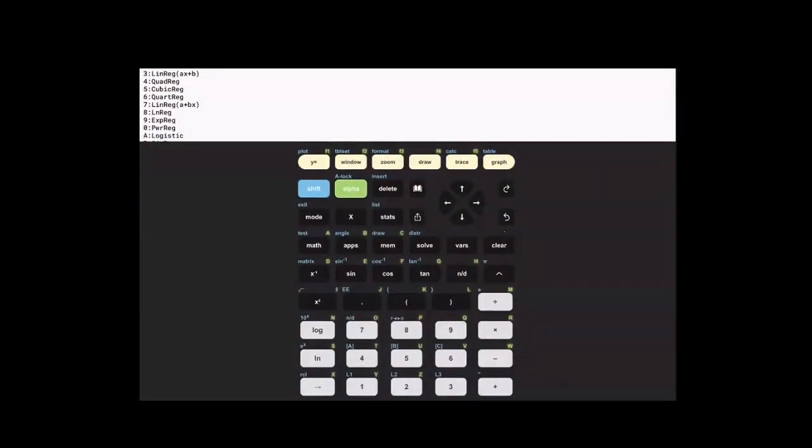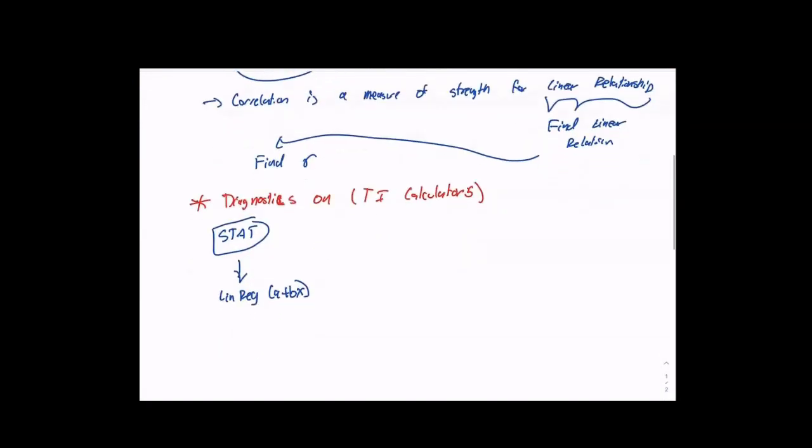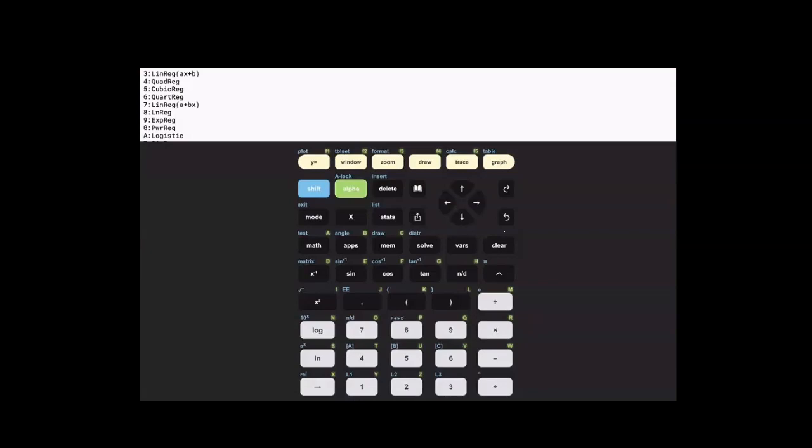Oh, the numbers are off. And you select LinReg A plus BX. This is the typical one we use. If you notice on the first calculator, there's a LinReg AX plus B, and then there's a LinReg A plus BX.